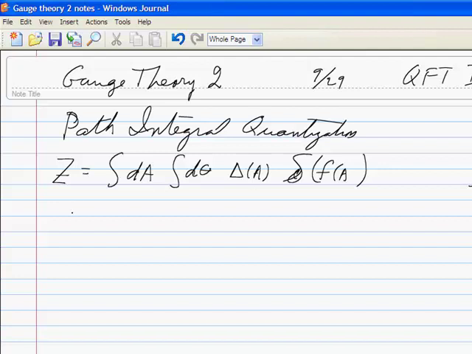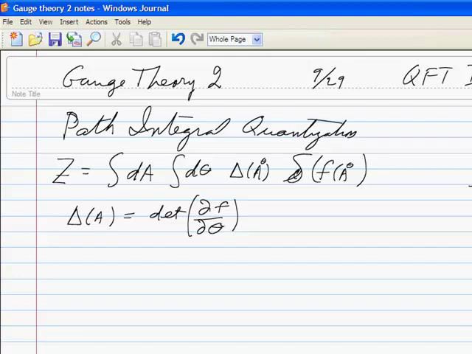And delta of A was the determinant, the partial of f with respect to theta. Let's put a theta on there. There's in principle a theta on there, and that's an identity.